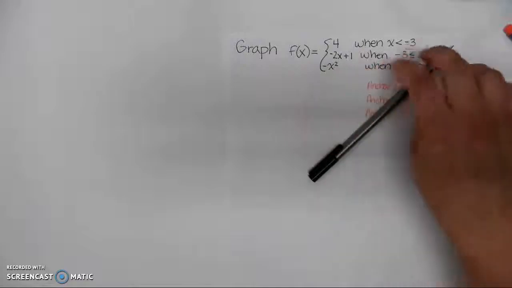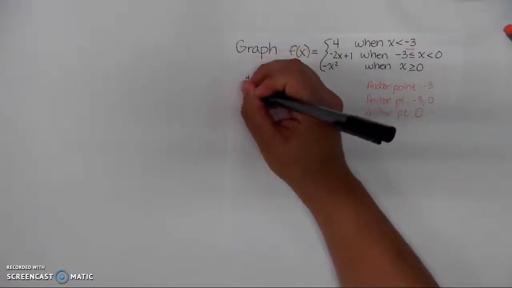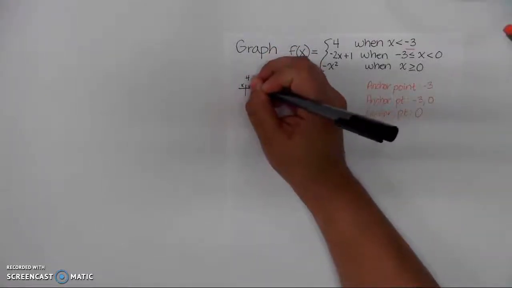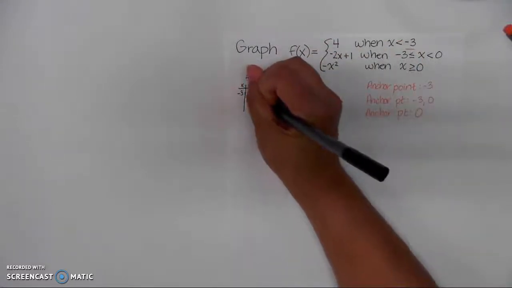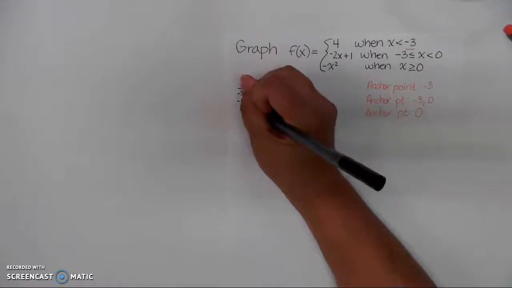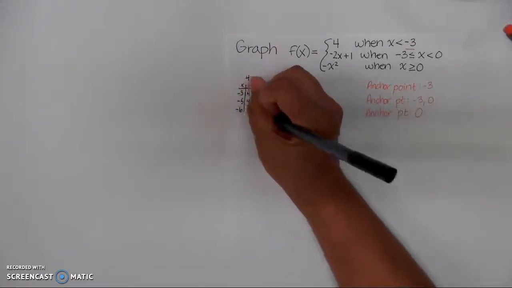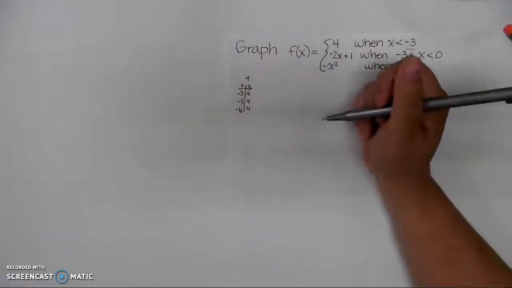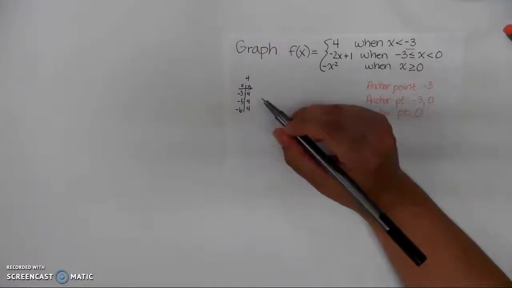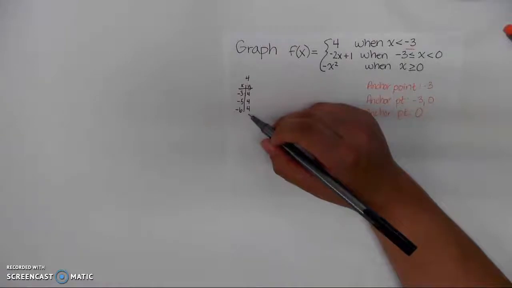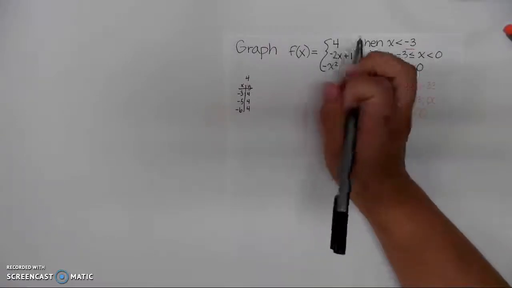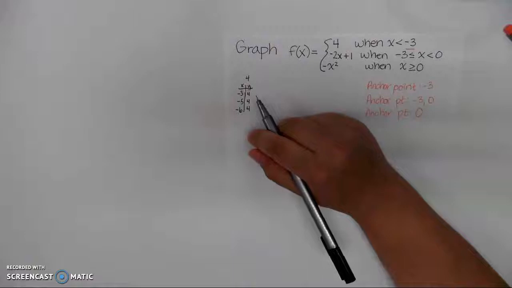So basically, anytime x is less than -3, so at -3, y is 4. At -5, y is 4. At -6, y is 4. At -1,000,000, y is 4. Every single time, y is going to be set at 4. Because again, we don't have an x to plug our anchor point into.